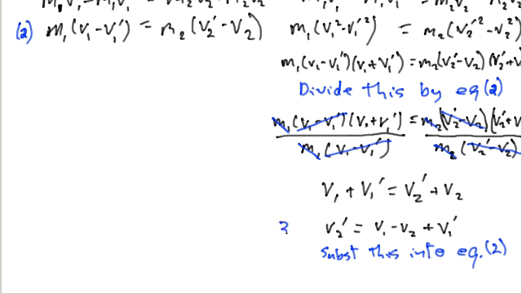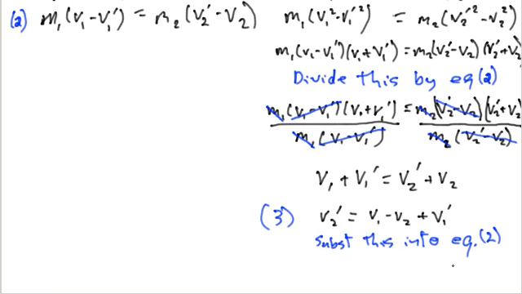I'm going to number this one equation 3. Alright, what does that give us? We'll get M1. This side doesn't change.